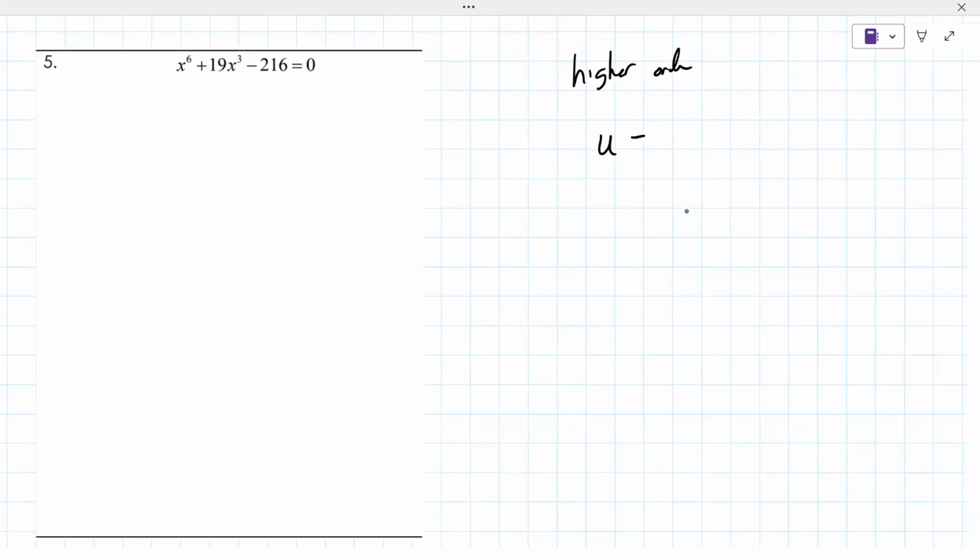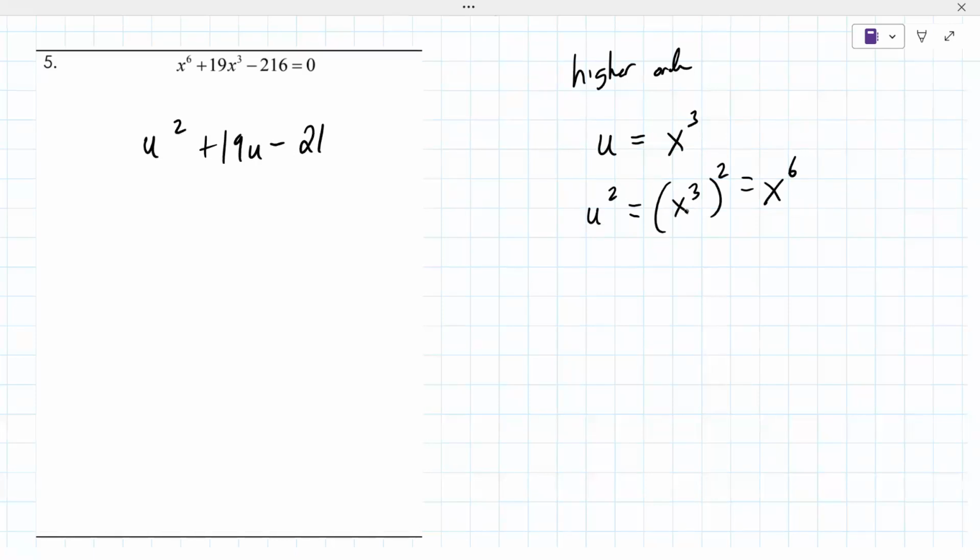I think the best way is to make the middle variable the u, and you'll do this again in math, up through partial differential equations, as high as you can go in math. This is a common technique. You square it is the next technique. When you square x cubed, that becomes x to the sixth. So it becomes u squared plus 19u minus 216 equals 0.